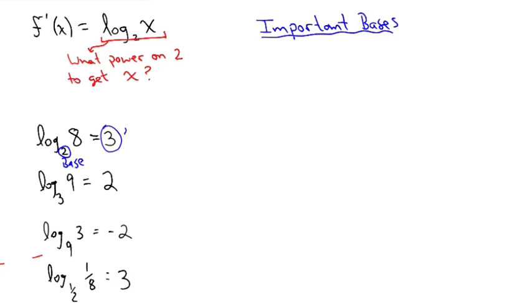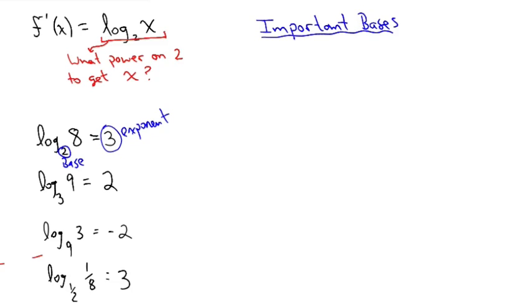This is the exponent. If you can keep those two things straight, working with logarithms is really easy, as long as you always recognize what the base is and what the exponent is. They're separated in this case. Where exponential functions are next to each other, logarithm functions are separated. Because it's an inverse function, you're undoing what was done.